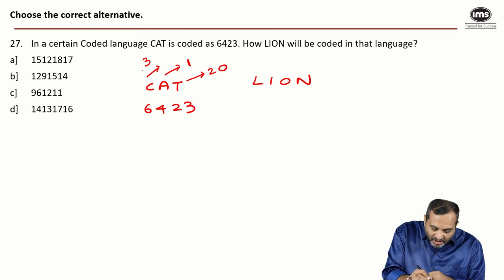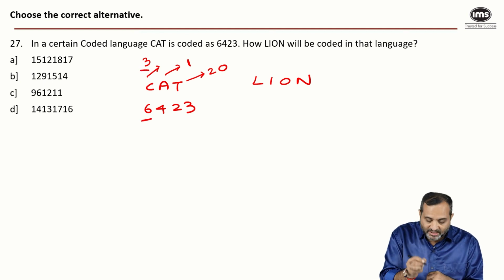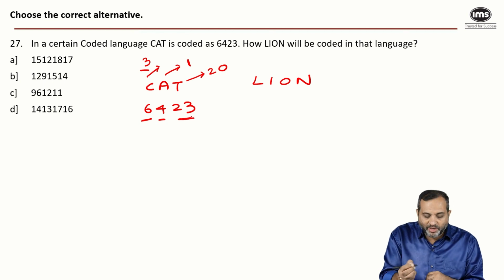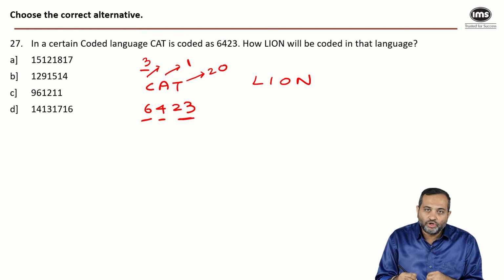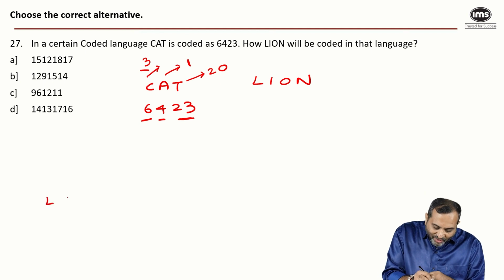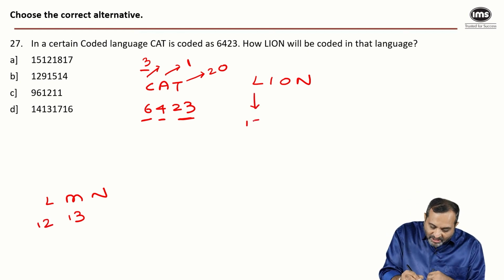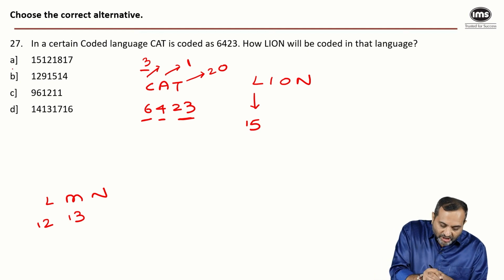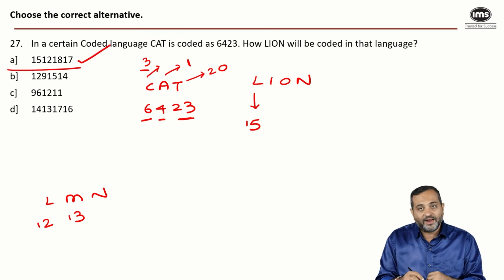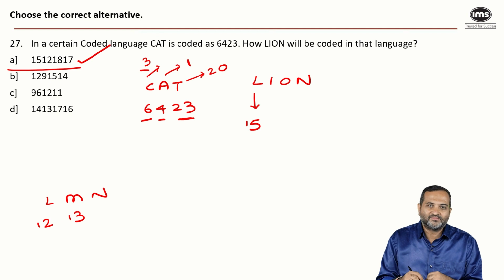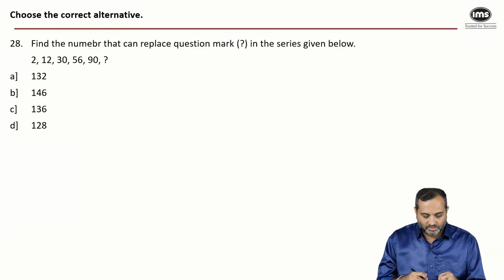So if you check, 3 plus 3 gives me 6, 1 plus 3 gives me 4, and 20 plus 3 gives me 23. So this is the logic used. Now, as far as LION is concerned, I know M is my 13th alphabet, so L will be the 12th alphabet. So L should be coded as 15. Do you see there is only one option? And hence the answer. Let's look at the next question.